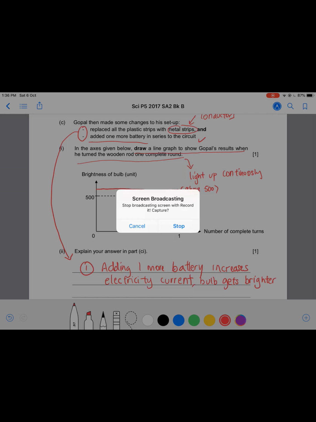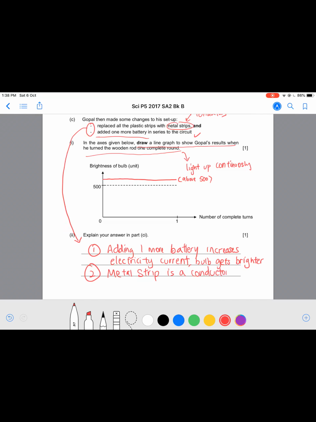Okay, so because it's a metal strip, it's a conductor of electricity. So it creates a, what is the keyword?